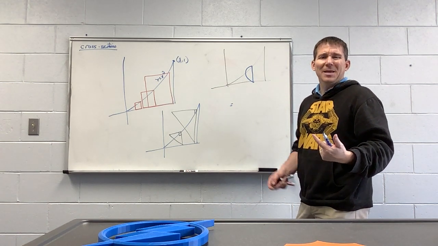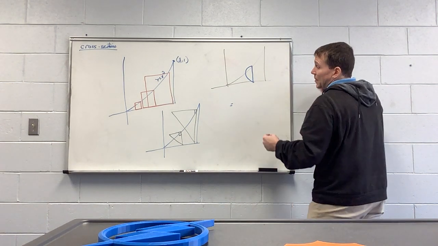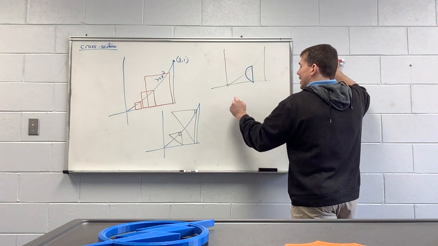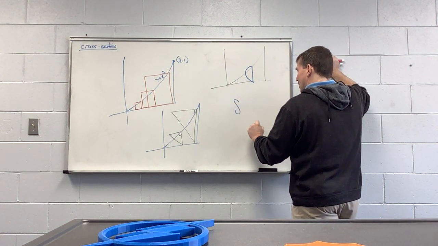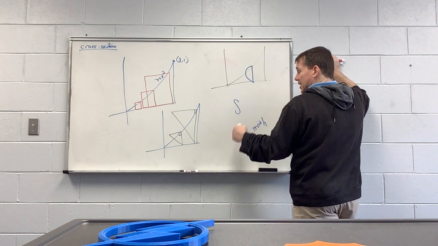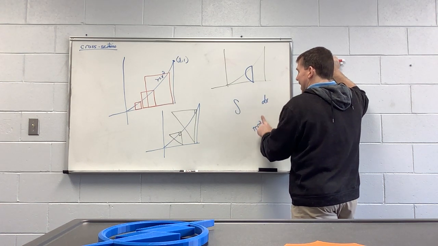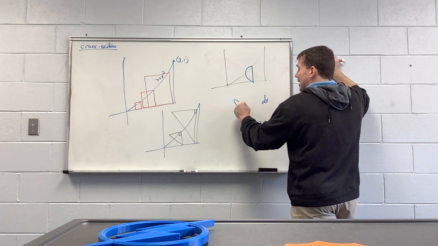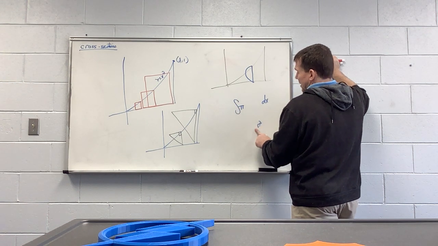Circular prism, maybe? I don't know, circular base. It's actually a cylinder. But in this case, then my integral would be pi r squared height. The height, like before, is the thing that's changing. That's my dx. I have a pi here. It's circular. That makes sense.